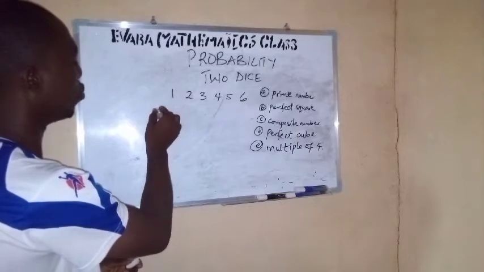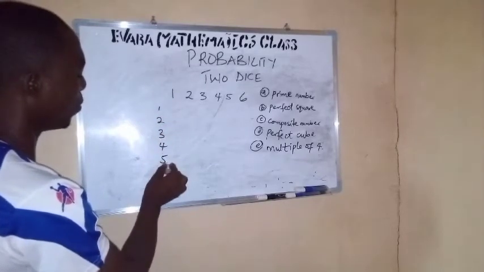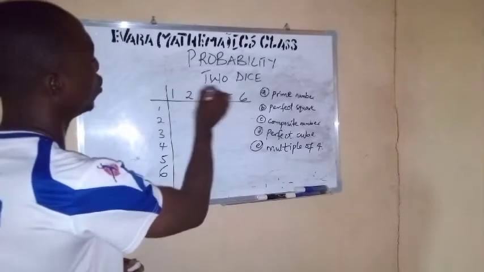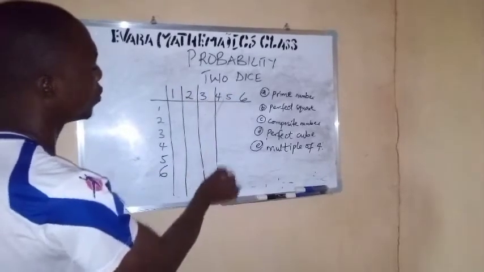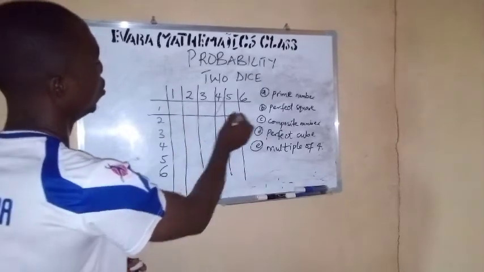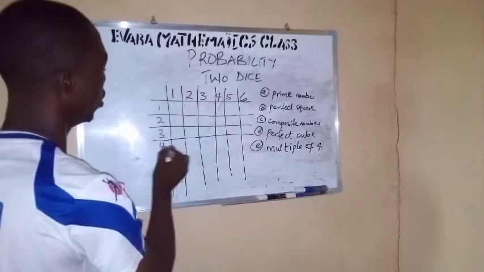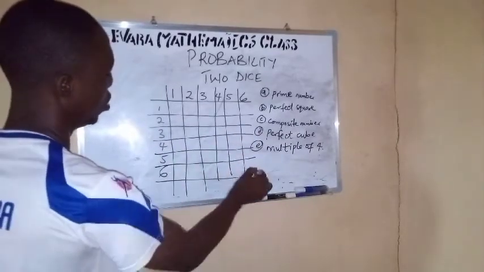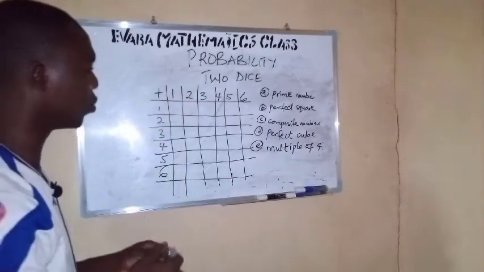Then the other one is 1, 2, 3, 4, 5, 6. The question is asking us to get the sum, and sum means addition. So we are going to add them together one after the other.